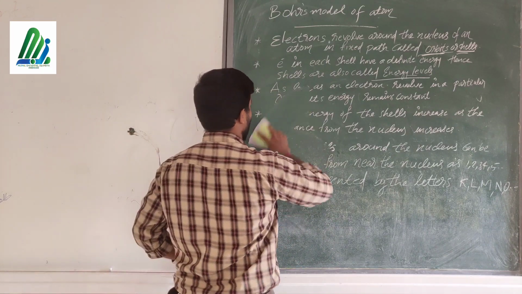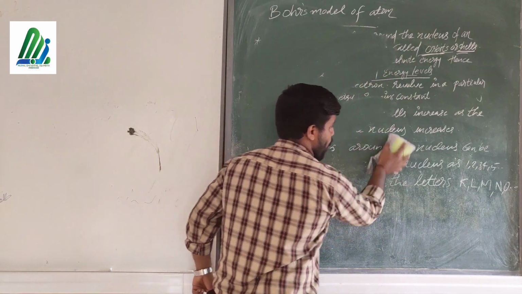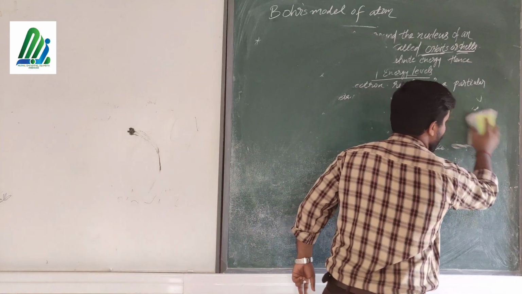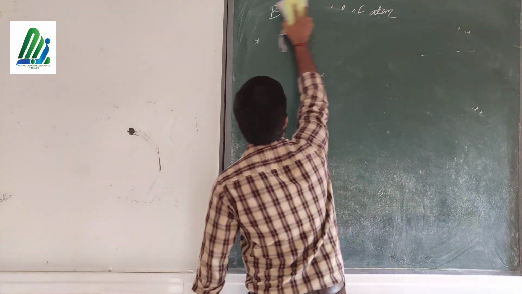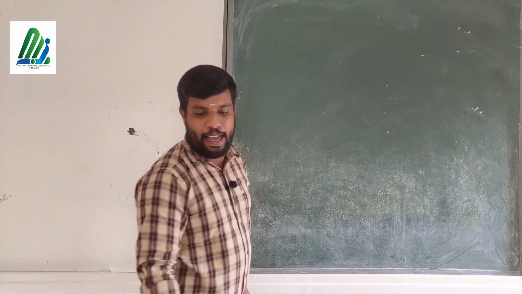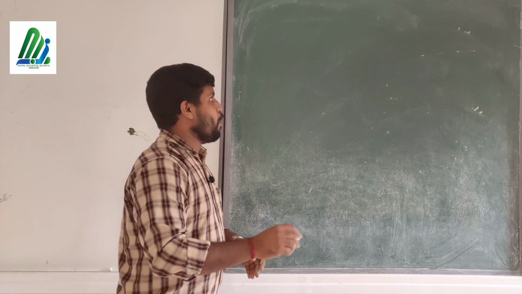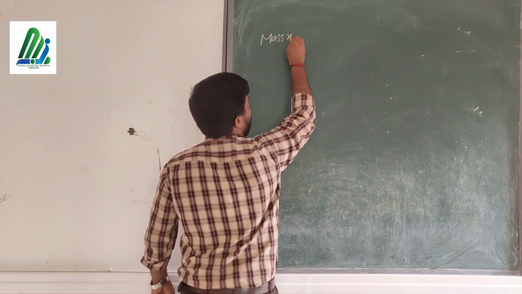Bohr gave further explanation related with the model of an atom, which was later supported by others, and this we are going to study mainly in this chapter.